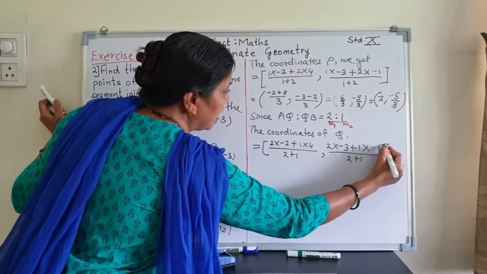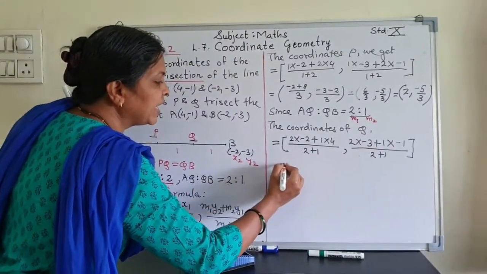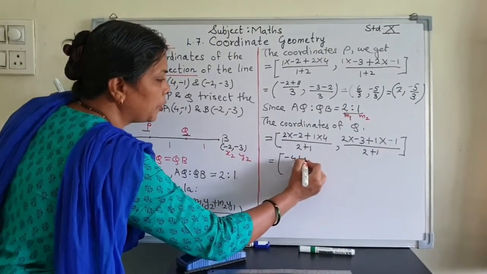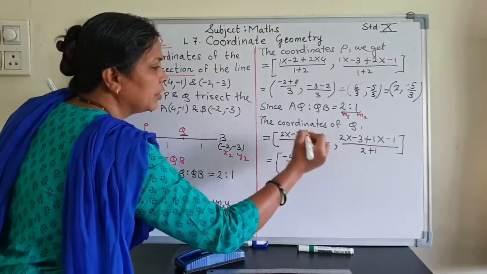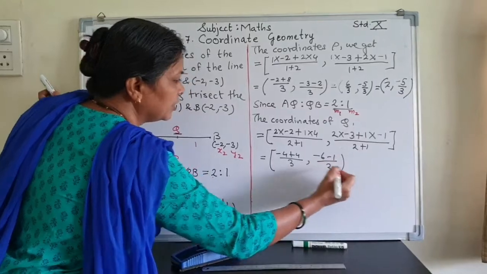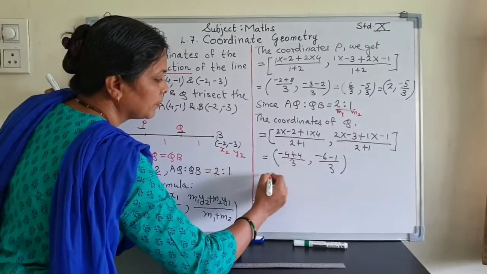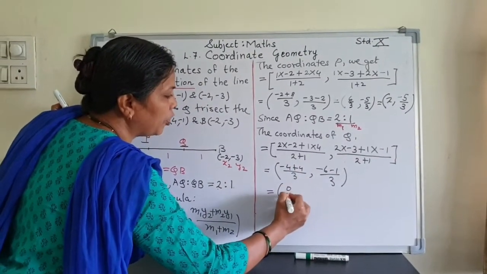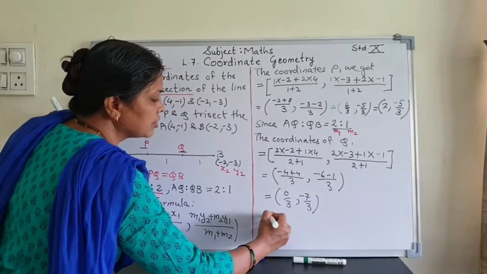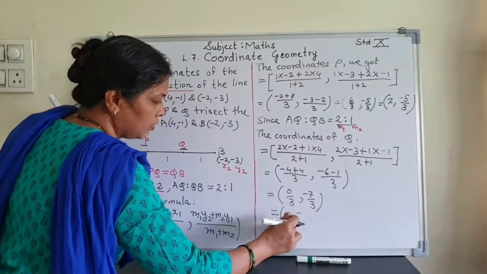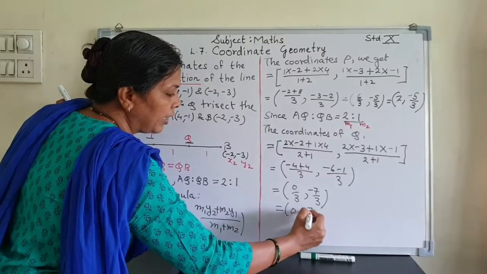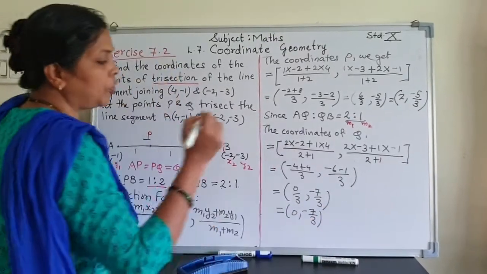While putting these values, you have to be very careful. Don't make any mistake. So we get -4 plus 4 upon 3, comma, -6 minus 1 upon 3. Finally, we get 0 upon 3 and -7 upon 3, which means the x coordinate of point Q is 0 and the y coordinate is -7 upon 3.